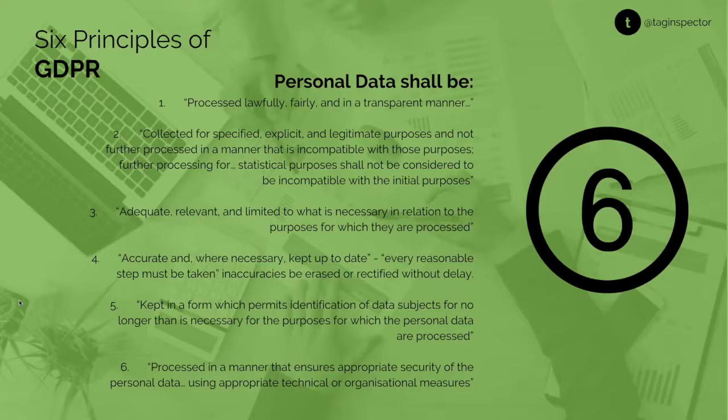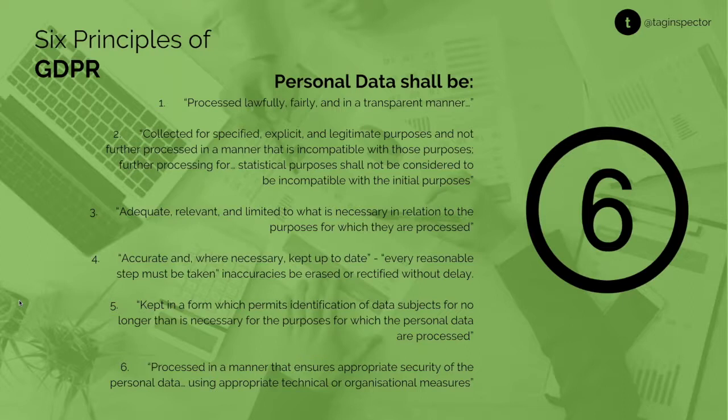GDPR is really six key principles. Personal data should be processed lawfully, fairly, and in a transparent manner, and collected for a specified, explicit, and legitimate purpose. So it has to have a legal basis for that collection and processing, and any future actions taken with that data must also fall in line with the purposes set out. Personal data should be adequate, relevant, and limited to what is necessary in relation to the purposes for which it is processed.